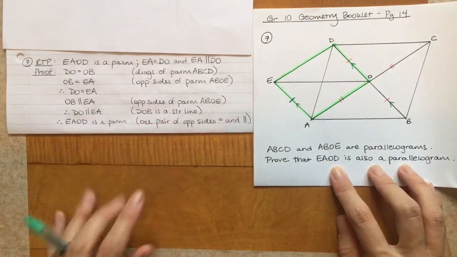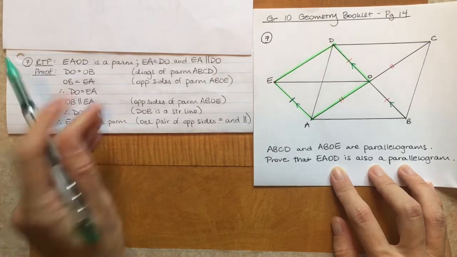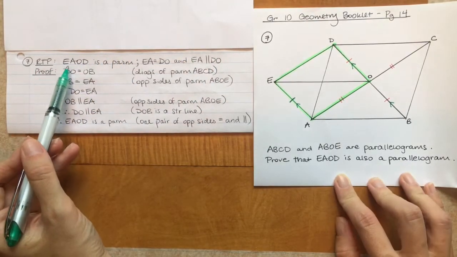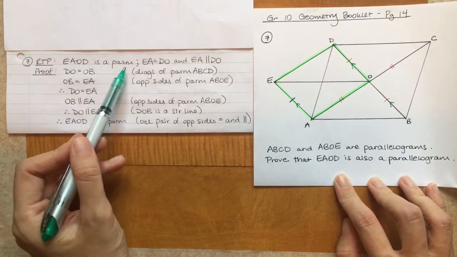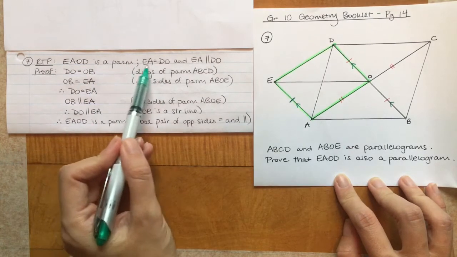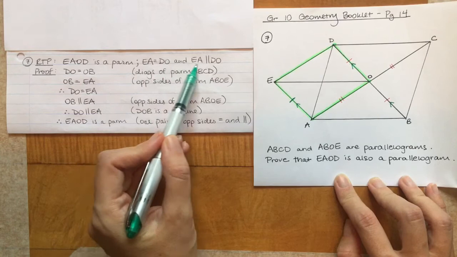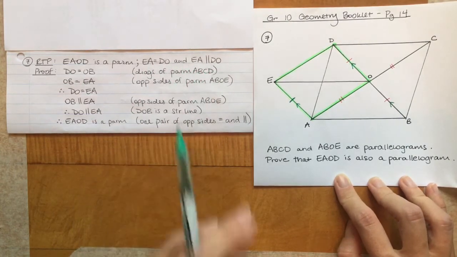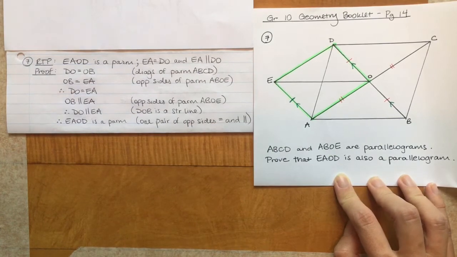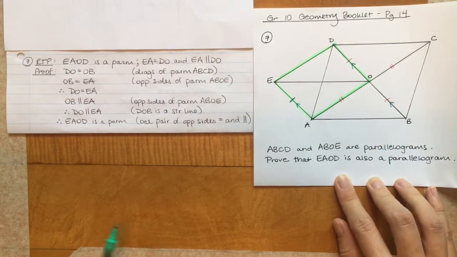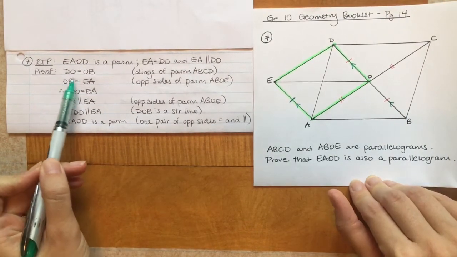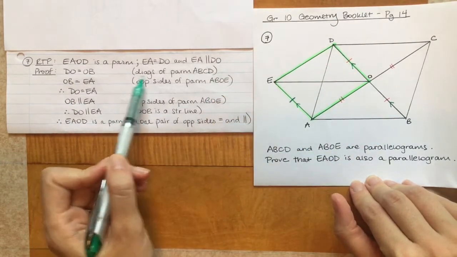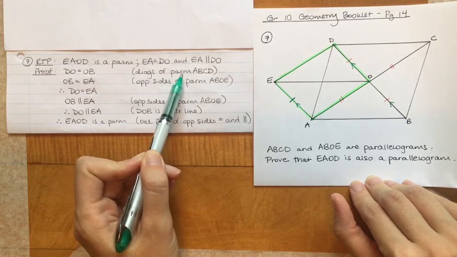All right, so again, we start out with our RTP statement. Remember, that stands for required to prove. I'm trying to prove that EAOD is a parallelogram. And again, I said that this portion, EA equals DO and EA parallel to DO, that's optional, but I like to show it because it gives me a framework for how I'm going to present my argument. Okay, so we started off, DO was equal to OB because diagonals of a parallelogram.